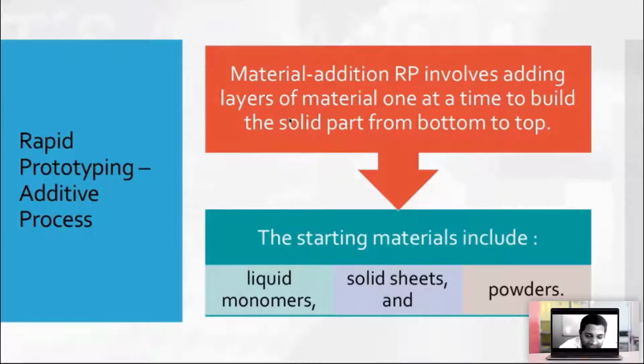There are different types of materials that I can use: powders, liquids, solid material, etc. It depends on the type of rapid prototyping technique that I am going to use. We will go through the techniques later on in the slides.